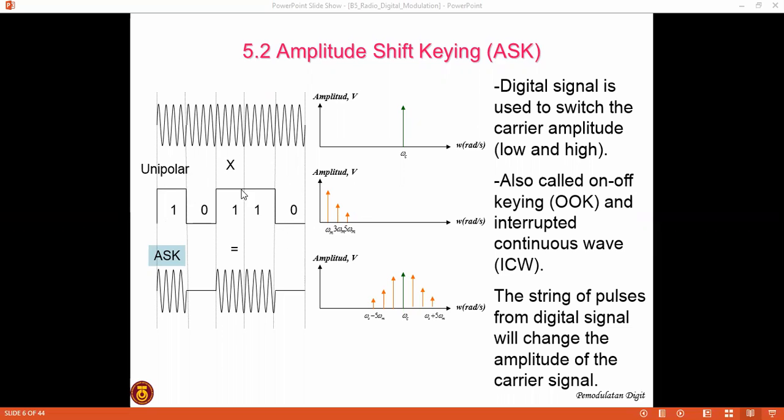Then when we multiply these two, we modulate these two, the carrier signal will be changed based on the information signal's amplitude. You can see when there is bit 1, we have the carrier signal here. When it's bit 0, no carrier. So the string of pulses from the digital signal will change the amplitude of the carrier signal.